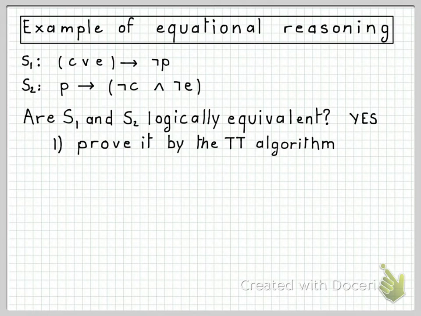So we already proved that these two propositions are equivalent. Feel free to do it again if you need more practice with that algorithm. But what is more relevant here is to provide a second proof of this logical equivalence using equational reasoning.